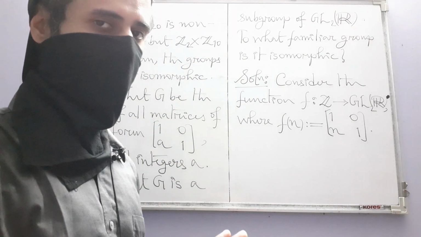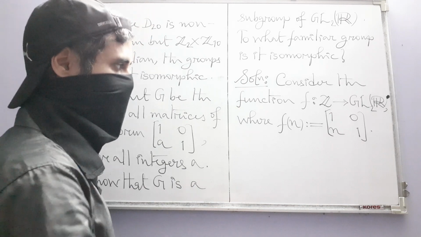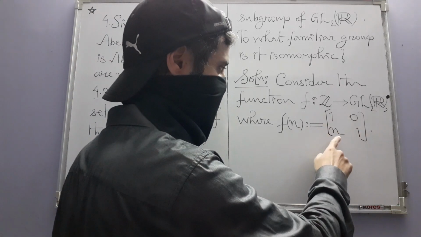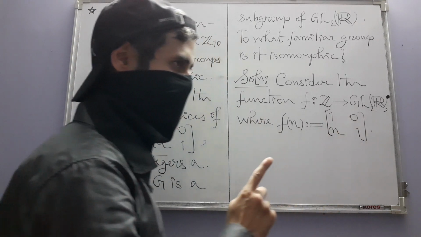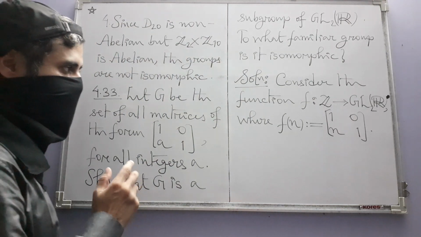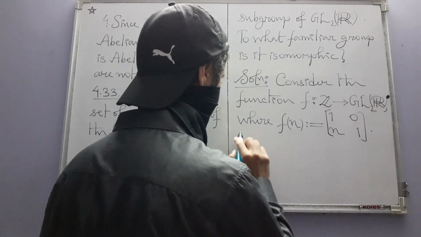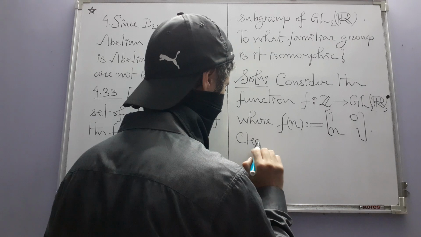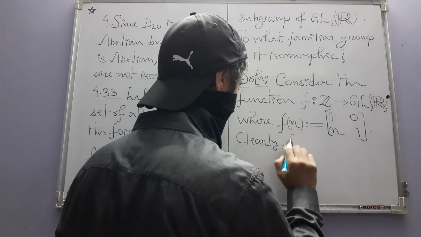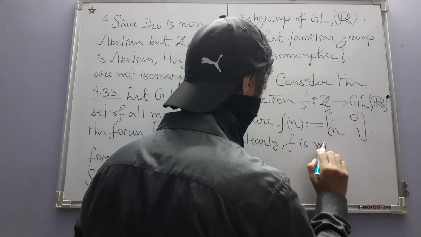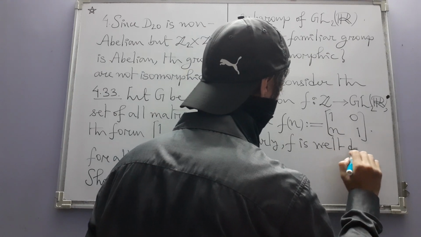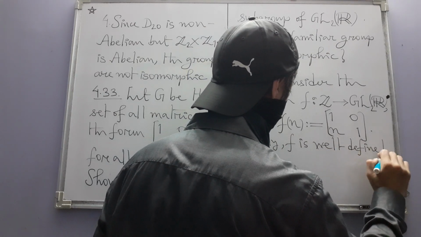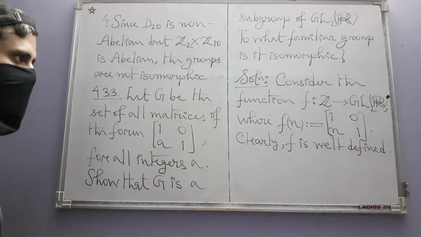That is, it should have non-zero determinant. The determinant of this matrix can easily be seen to be 1, which is not equal to 0. So that's why f is well defined. Clearly, f is well defined.